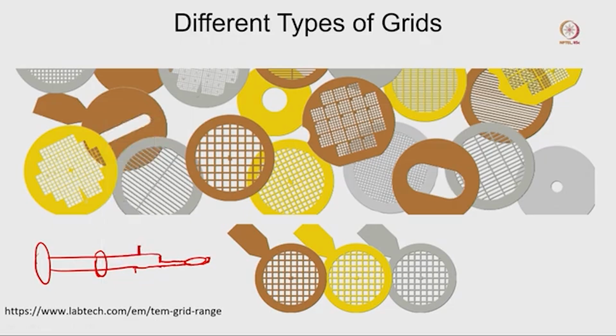When we discussed the sample holder, I also discussed how to insert the sample and where your grid will go. I will discuss a little bit about the grid also at that time. So, your grid is a small disc.